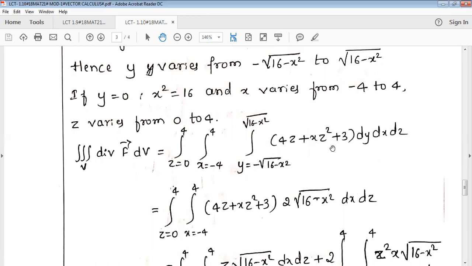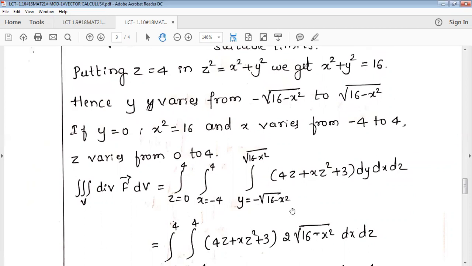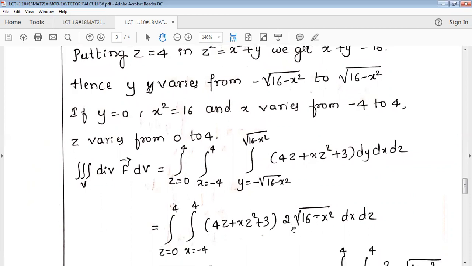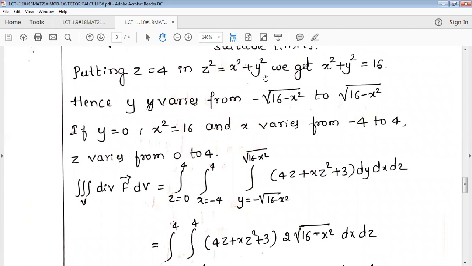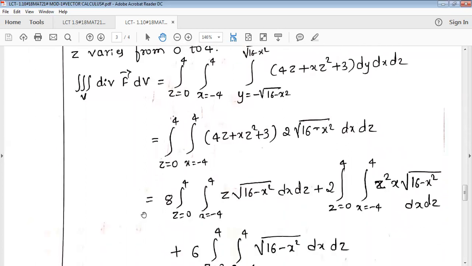Now integrate with respect to y, so you will get 4z plus xz squared plus 3, and the integral of dy is 2 times square root of 16 minus x squared, dx dz.